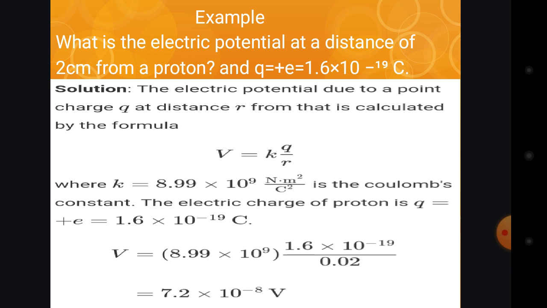Pressing 8.99 times 10 to the power of 9 times 1.6 times 10 to the power of minus 19 divided by 0.02, you will have a value of 7.2 times 10 to the power of 8 V. That is the electric potential at a distance of 2 centimeters from a proton, which has a charge of 1.6 times 10 to the power of minus 19 Coulomb.